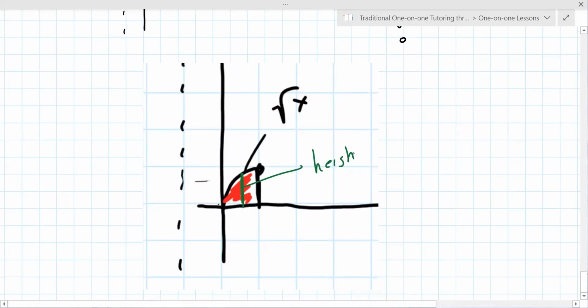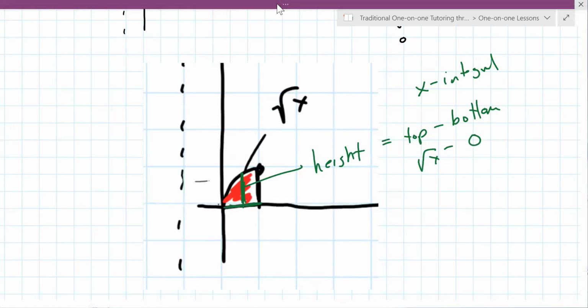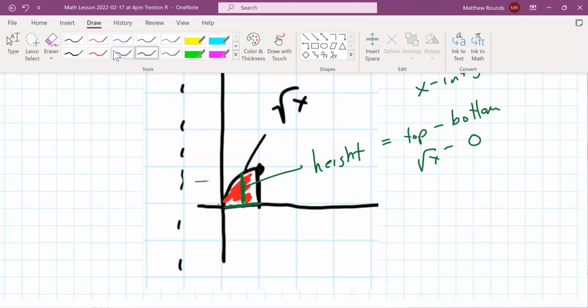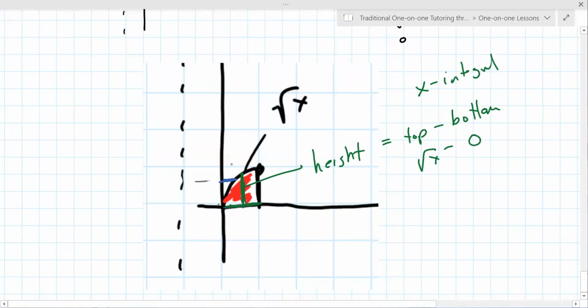So it's top minus bottom because it's an x integral. It's the square root of x minus 0, because 0 is down here. This is x right there, but then there's always this plus 1 that goes along with it. We're rotating around that line, so it's a vertical axis.